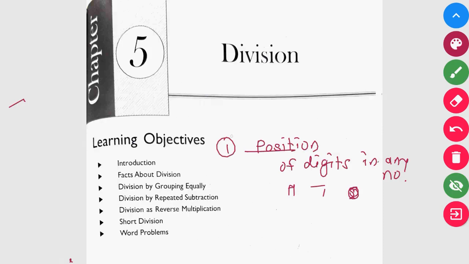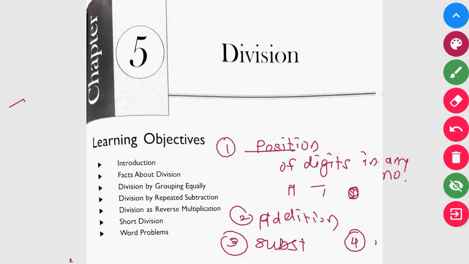This was our very first chapter. Then we learned about addition of 2 numbers, 3 numbers, 4 numbers, and up to 5 numbers. Then the same for subtraction. Then we learned about multiplication, and that multiplication is nothing but the repeated addition of the same number.